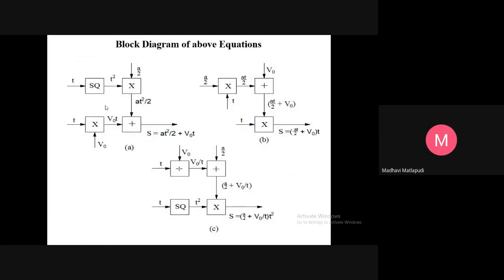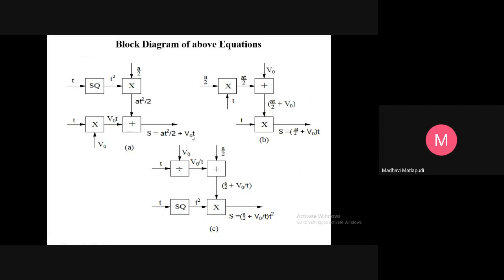Now simultaneously, you give two more inputs, T and V naught, to this multiplication block. Put together, an output of V naught T comes out. This V naught T and A T square by 2 as inputs enter into the addition block and come out as S, that is displacement, A T square by 2 plus V naught T. So this is one form of writing a block diagram for the given expression.